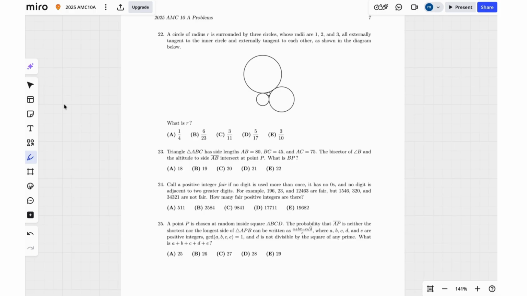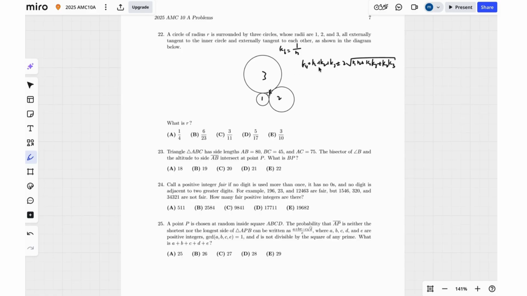Next, for problem 22, there's an interesting theorem called Descartes' circle theorem, which says that K4 equals K1 plus K2 plus K3 plus minus 2 root K1 K2 plus K1 K3 plus K2 K3, where the K's are the inverse of the radii, and the radii are 1, 2, 3, and let's call it x.